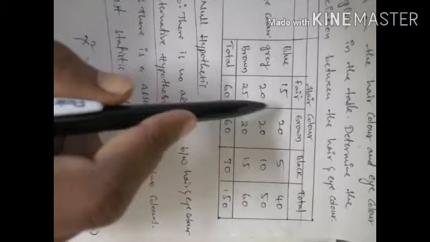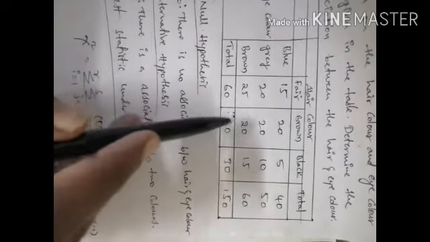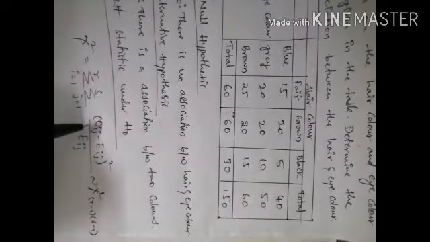So when using this formula, we need to find the expected frequencies for all the remaining cell values. These are the observed frequency values, the Oij values. So we need to find here the Eij values.